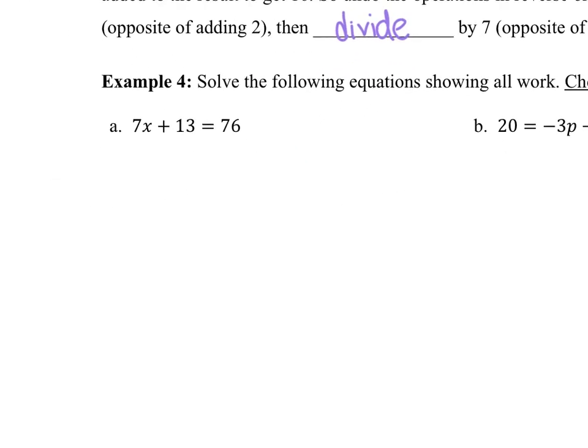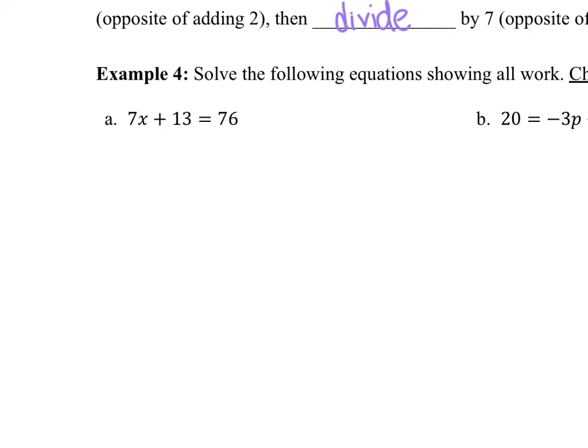Let's look at this first one. One strategy that's really helpful is to circle the term that has the variable. Notice on the left side there are 2 terms. 7x is a term and 13 is a term. This is called a constant term because it's just a number, and this is an x term because x is the variable that's present.